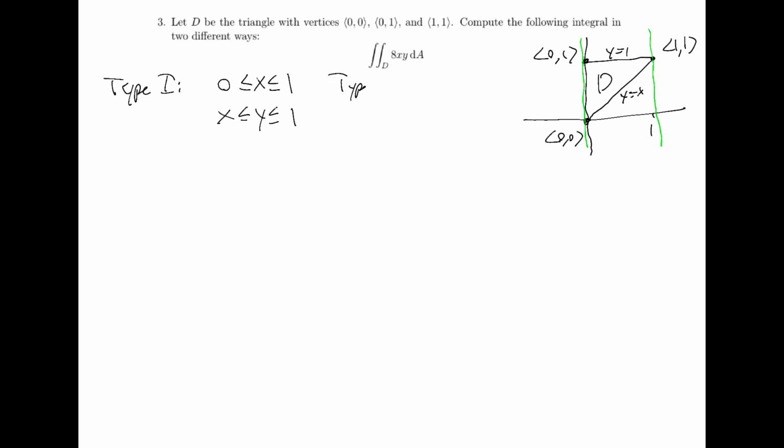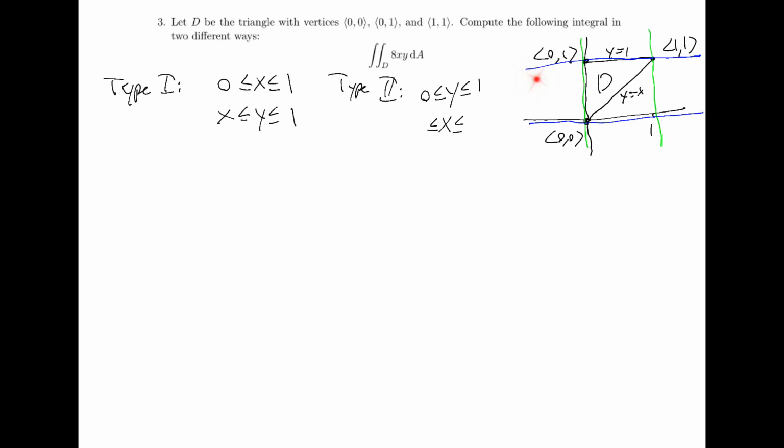If you want to do it type 2, we need to first determine the bounds for y. So let's do that in blue. Well, we can see in the picture that y goes from 0 to 1. Right? What about x? Now we have to look for the start curve for x.